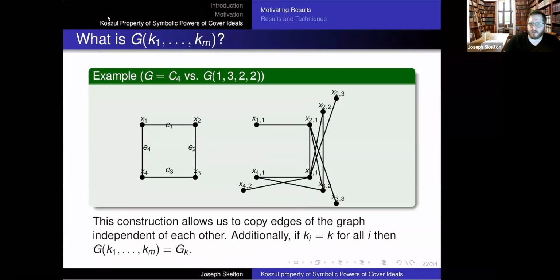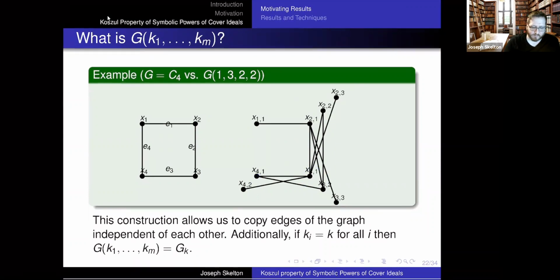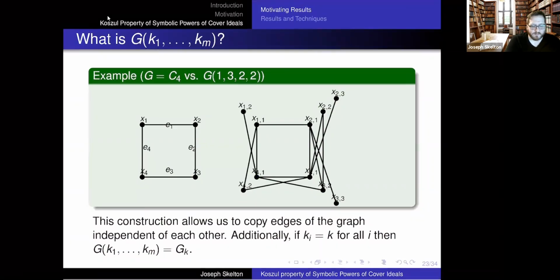For edge 3, do the same thing, but this time because it's 2, you only need to introduce 2 copies, and because these 2 copies were already here, just use them. And then for edge 4, do the same thing. This is a really nice construction because it lets us work with each edge individually instead of the whole graph at once. And if you let all of the k's be the same value, then G_k vector is the same as G sub k.